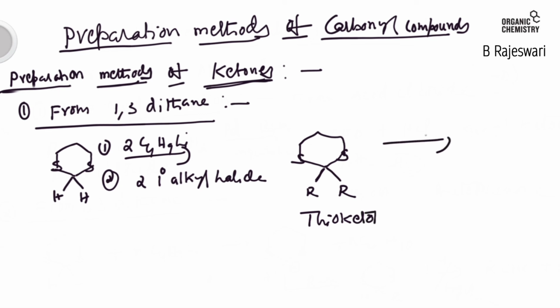If this thioketal is treated with H plus and HgCl2, then we get ketone. In this reaction also, 1,3-dithiane is regenerated. Next, another method for the preparation of ketones.